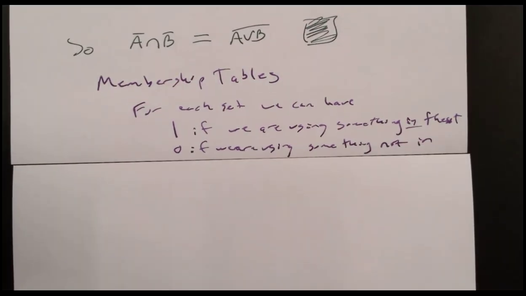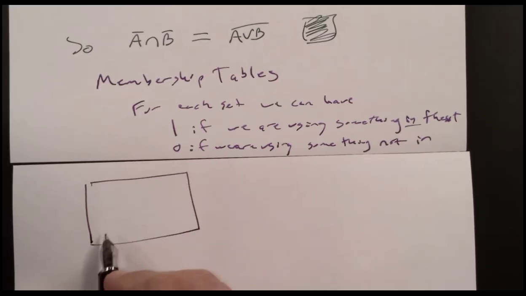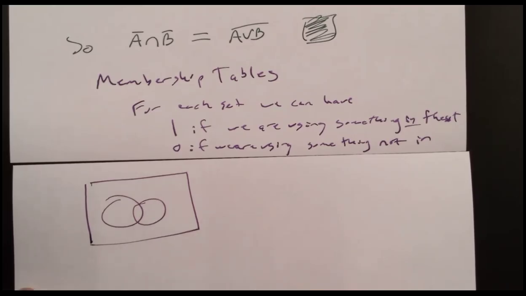And each option is either going to be a 1 or a 0. It's a 1 if the thing I'm using is in the set. It's a 0 if it isn't. We only had 2 sets, A and B, right? Draw me a Venn diagram for 2 sets that have potential overlap. Inside the box, how many bounded, distinct pieces are there?